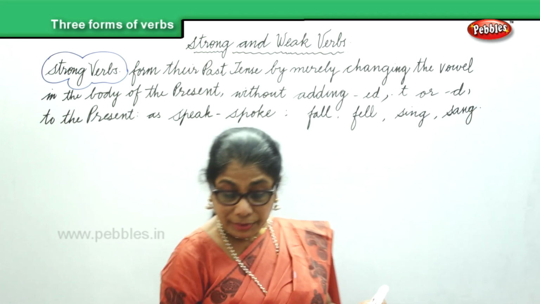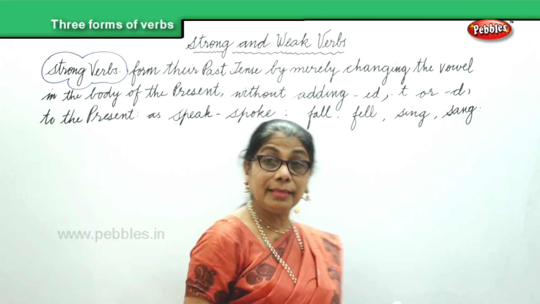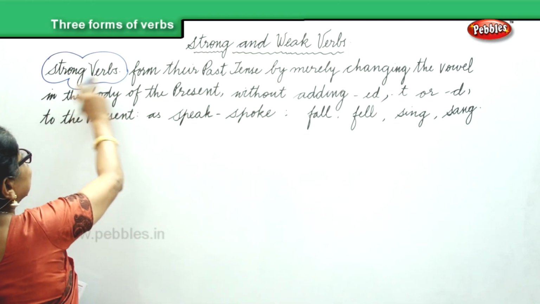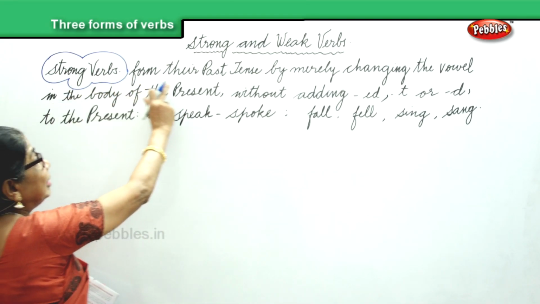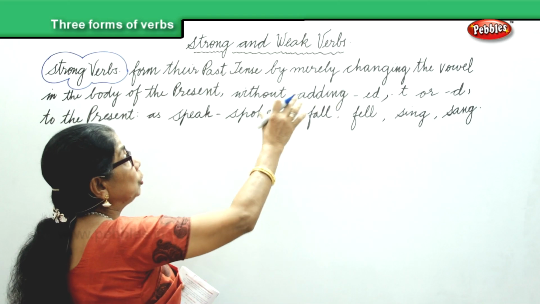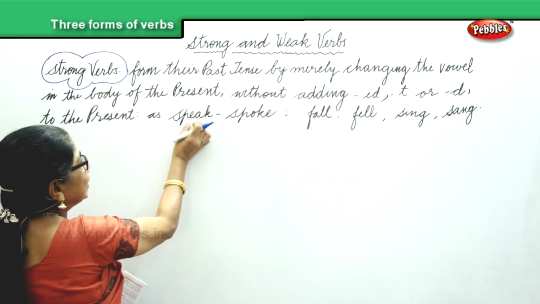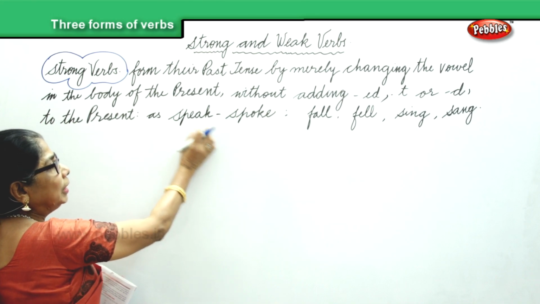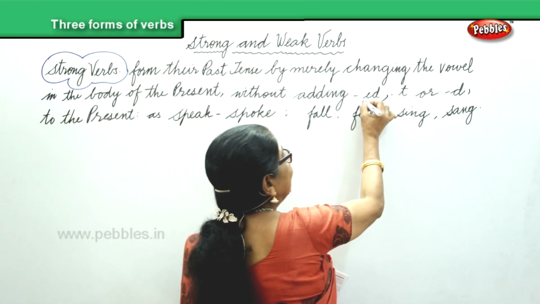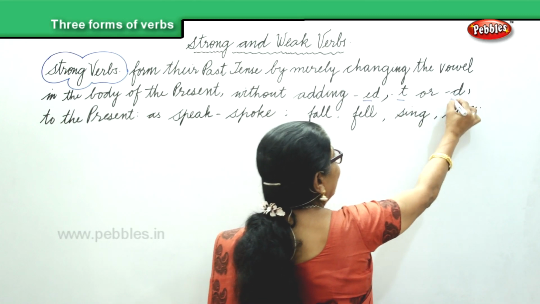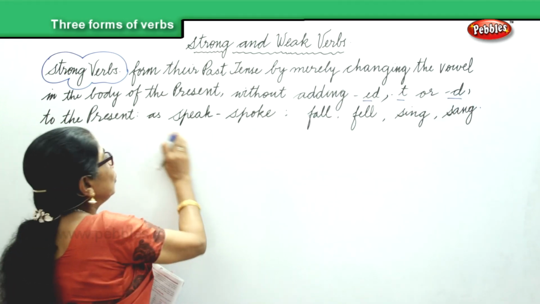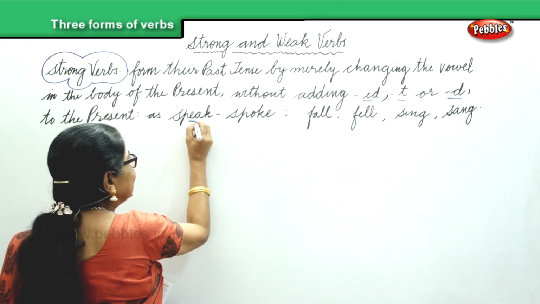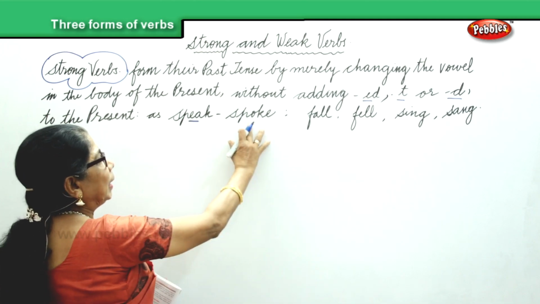When we talk about strong verbs, they form their past tense by merely changing the vowel inside the body of the present without adding ED, T or D. Now, look at this: speak, we have a vowel inside, and it becomes spoke.